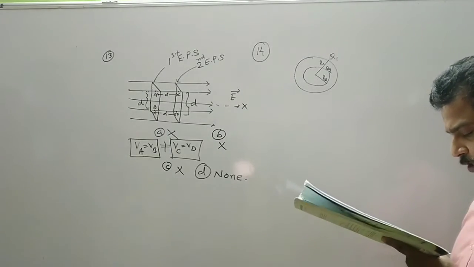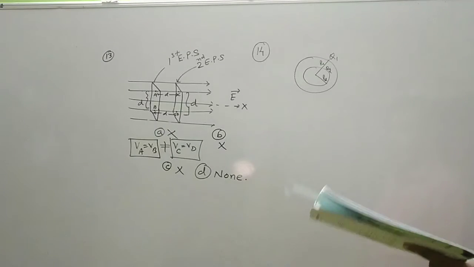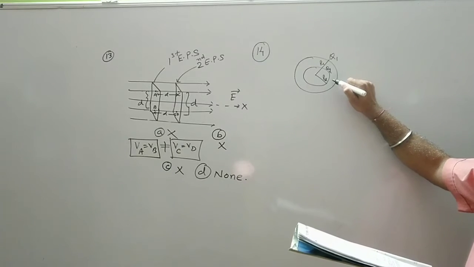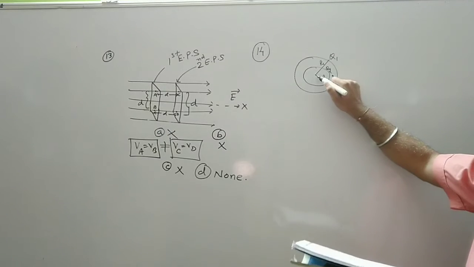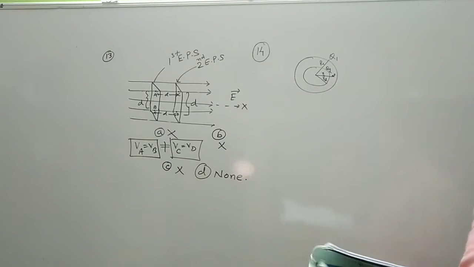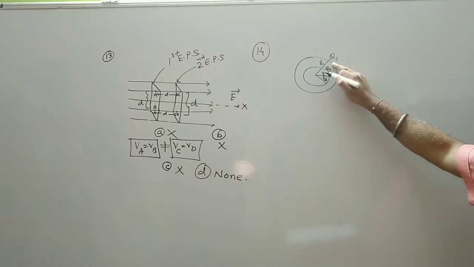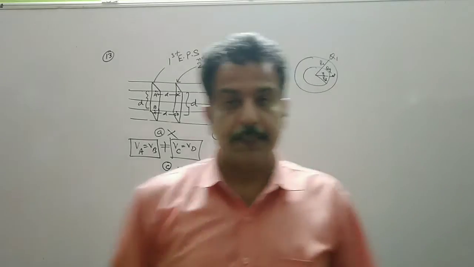Then what is the potential at a distance small r between R1 and R2? So we have to find the potential at any point, say this point P, which is at a distance small r, where small r is between capital R1 and R2. You have to find the potential at point P.